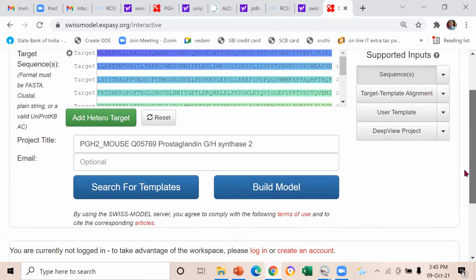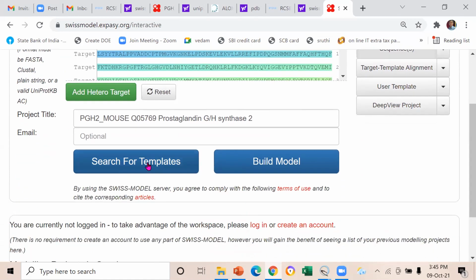Once I do that, I search for templates. That means I am looking at many protein sequences and seeing which one has the highest sequence identity. Search for templates.